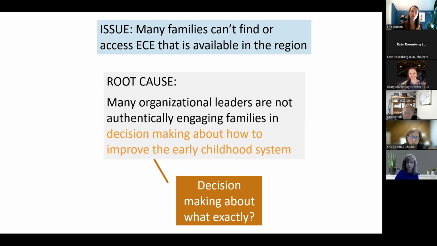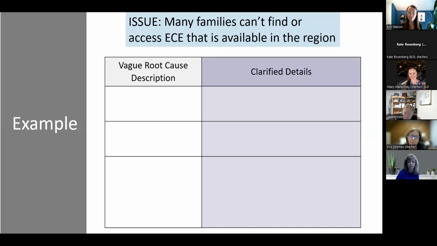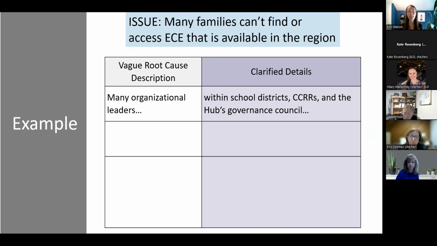The way you answer these questions should directly link to how the root cause is affecting that issue above. So for example, here's the one vague aspect of that root cause. Many organizational leaders, just like you all said in the chat, well, who are we talking about? So maybe a hub gets together and they really think about this, they answer the question and they realize it's really leaders within school districts, CCR&Rs, and the Hub Governance Council.